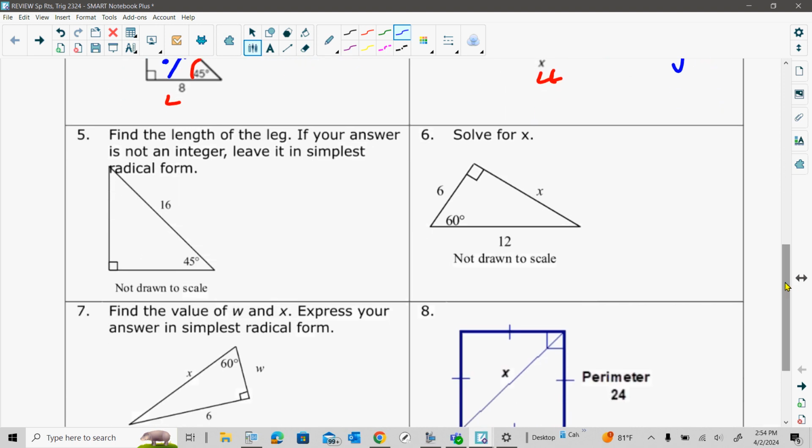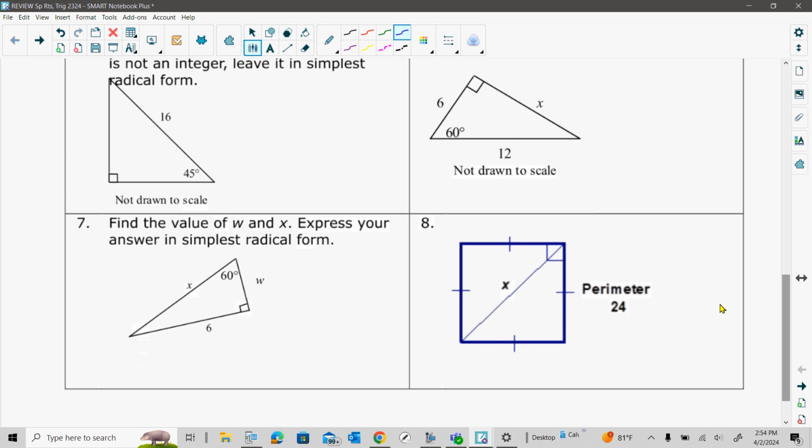An example of big to small was on number 7 here. 6 is the long leg. I need to get back to the short leg. So that's division whenever I go big to small. So this is really taking that long leg and dividing by root 3. We cannot leave it like this.